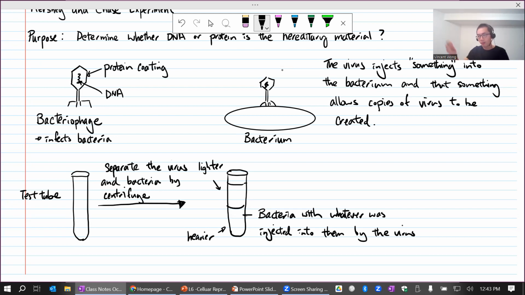Remember, the virus is going to inject something, and that something's going to stay in the bacterium. So the bacteria, along with whatever was injected, is going to be at the bottom, and then the top part here is just the part of the virus that was not injected into the bacteria.